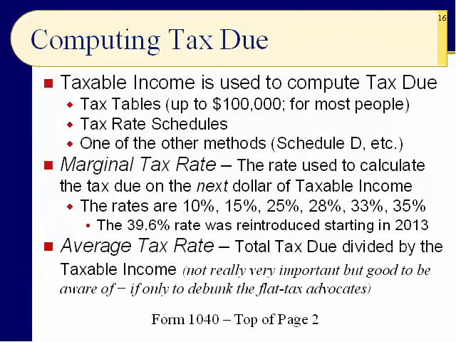So line 16, how do we do that? Well, there are a few different ways. But for most people, they are going to use the tax table up to $100,000. Once you're above $100,000, then you're going to use one of the tax rate schedules, but you're probably going to have a program or somebody doing it for you.